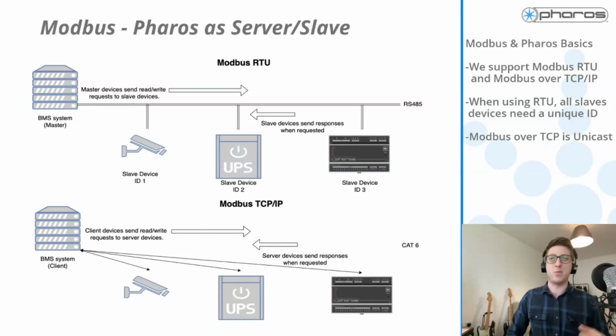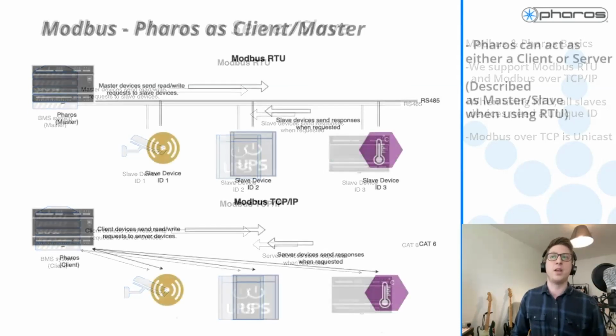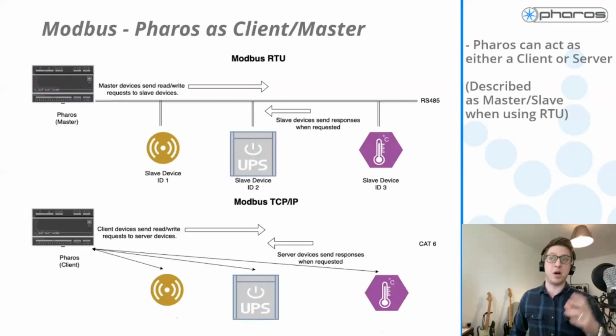So effectively, when it's writing data to us, it will be triggering us. When it's reading data from us, it will be querying us. It will be getting information back. Pharos, in this scenario, is the slave or server device. However, there is also the option to make Pharos the master or the client device.